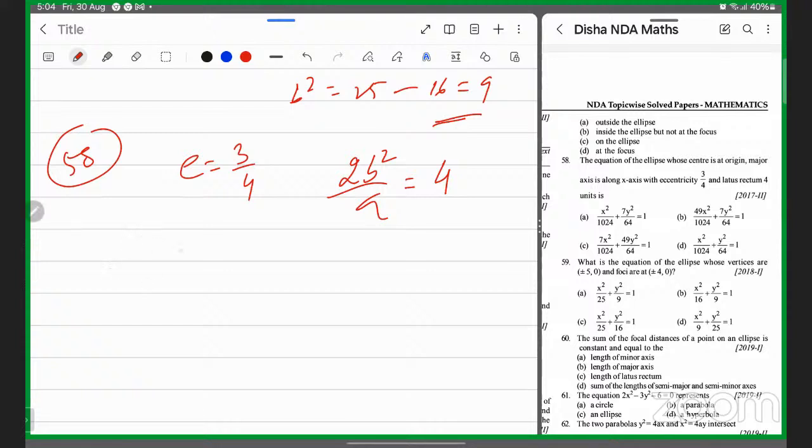You will get the relation between these two. Eccentricity is 3/4. So we have to find a and b.